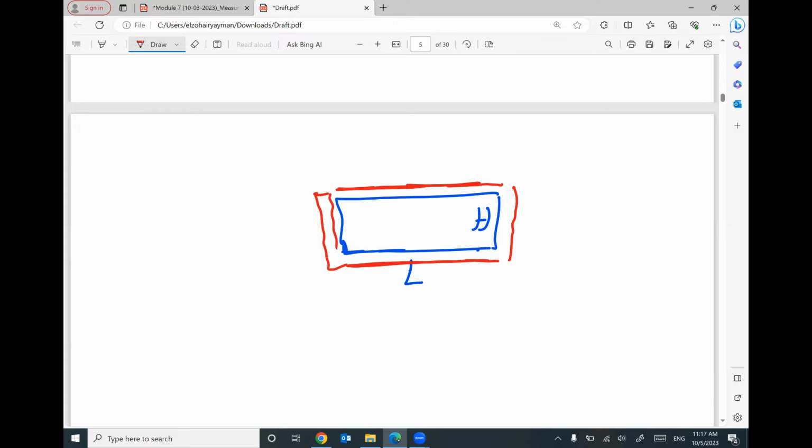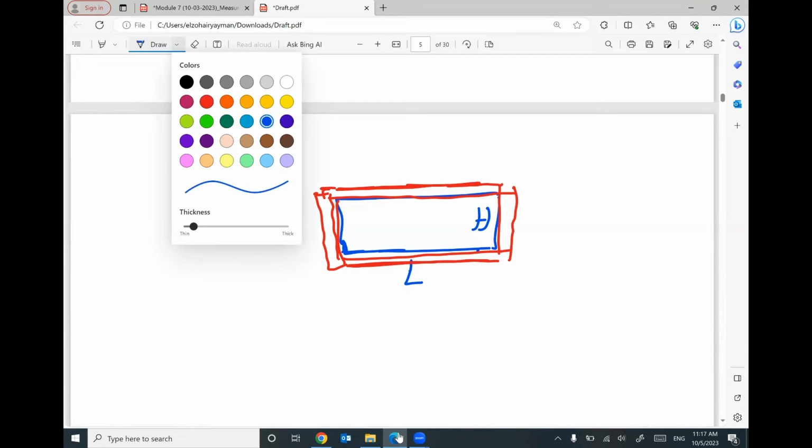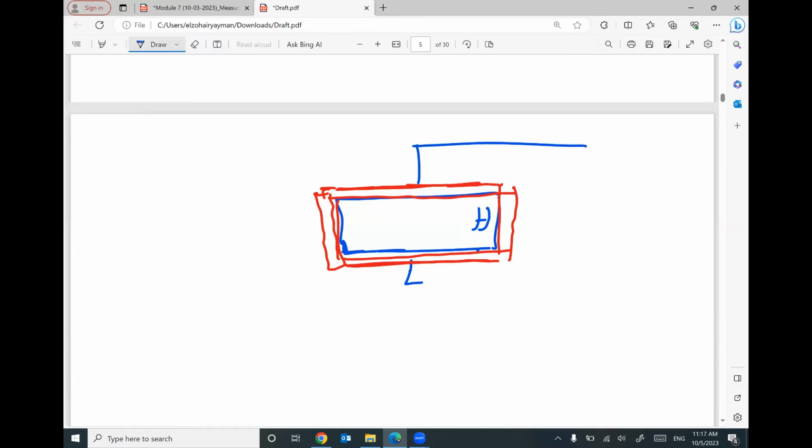This mortar has a thickness. Why am I putting this mortar? Because I will build another brick up here and down here, and on this side and this side.